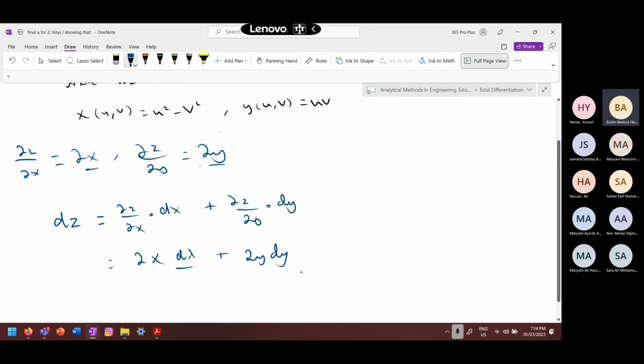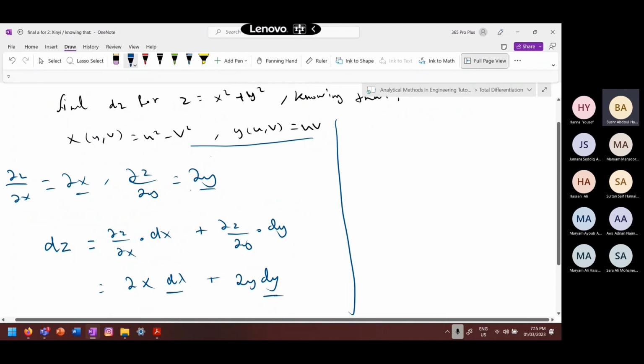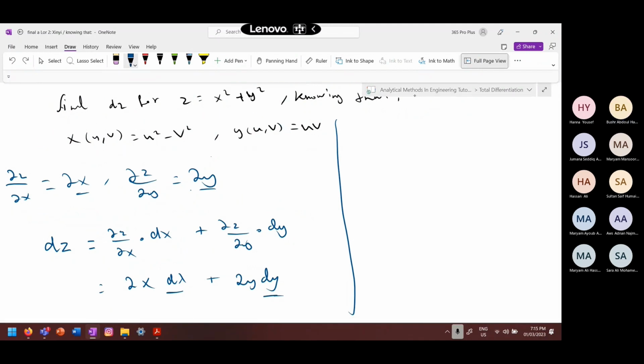Okay, what about these two? What you're going to do is basically just derive them from the given functions here. Okay, what you have here is dx. What's dx? It's equal to 2u du minus 2v dv.